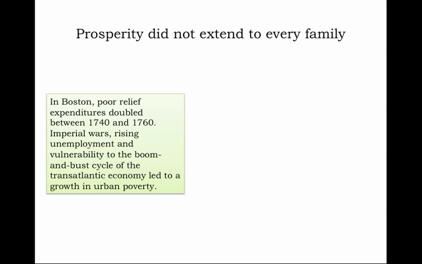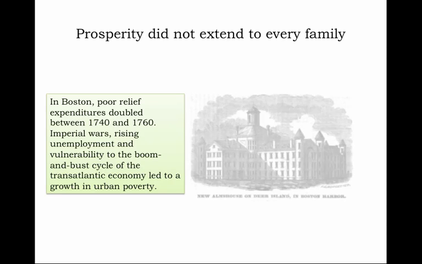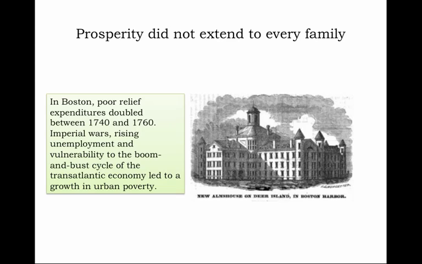The problems of poverty, for example, came to the fore. In Boston, poor relief expenditures, that is, money given by the state to the care of dispossessed and impoverished people, grew and, in fact, doubled between 1740 and 1760.